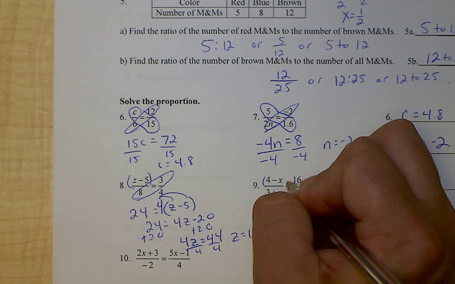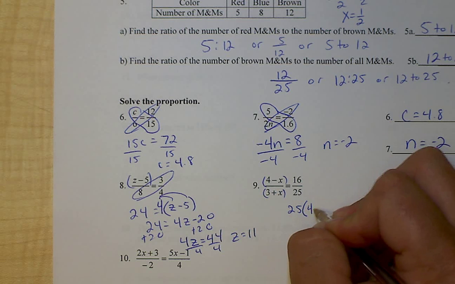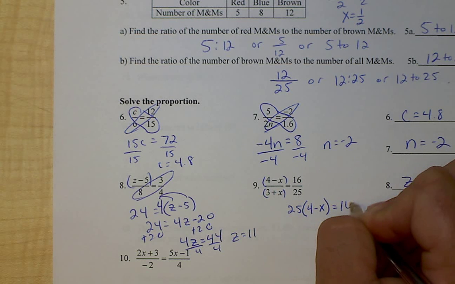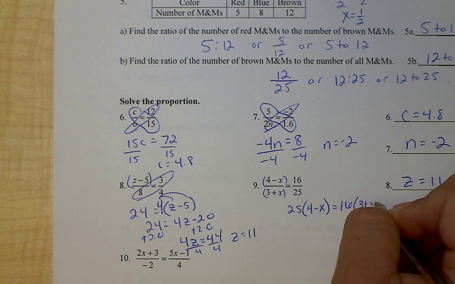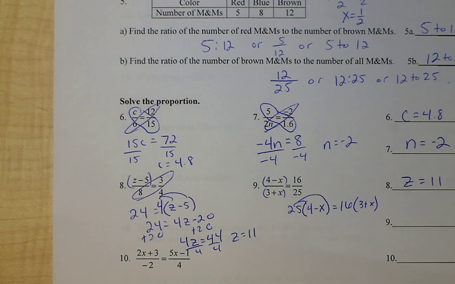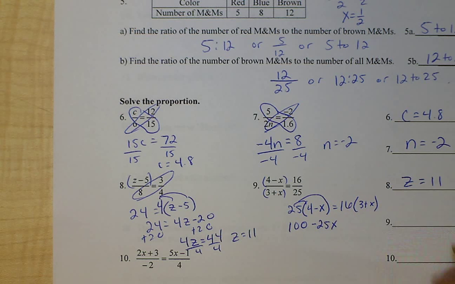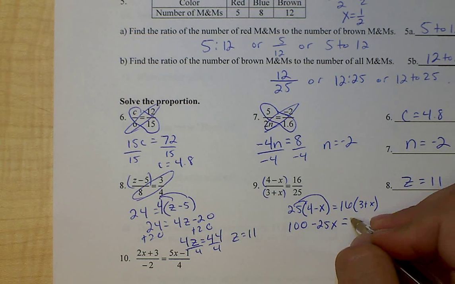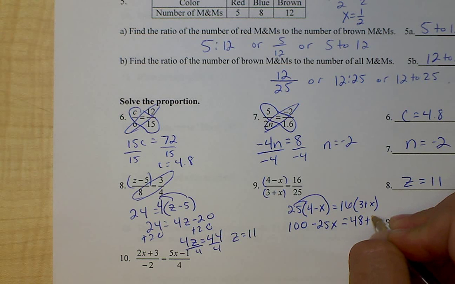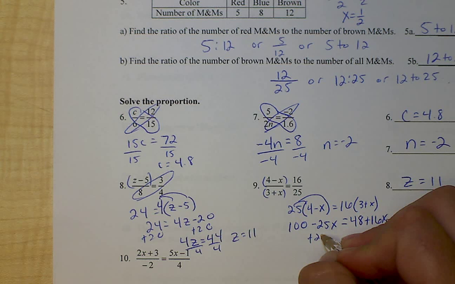Okay, same thing here. So I get 25 times 4 minus x equals 16 times 3 plus x. Okay, I'm going to distribute. 25 times 4 is 100 minus 25x equals 48 plus 16x. I'm going to add 25x to both sides.